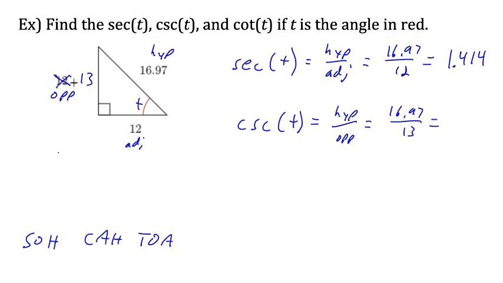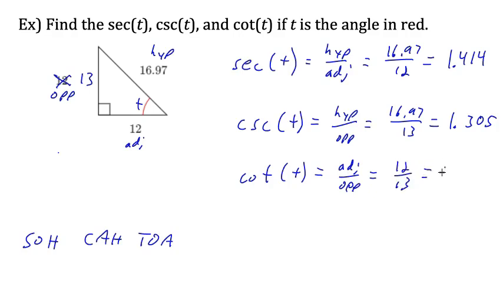So we ended up with 1.305. And then finally, the cotangent of angle t. Instead of opposite over adjacent, cotangent is the reciprocal of that, so that will be adjacent over opposite, which is just 12 over 13. When we divide that, we get 0.923.